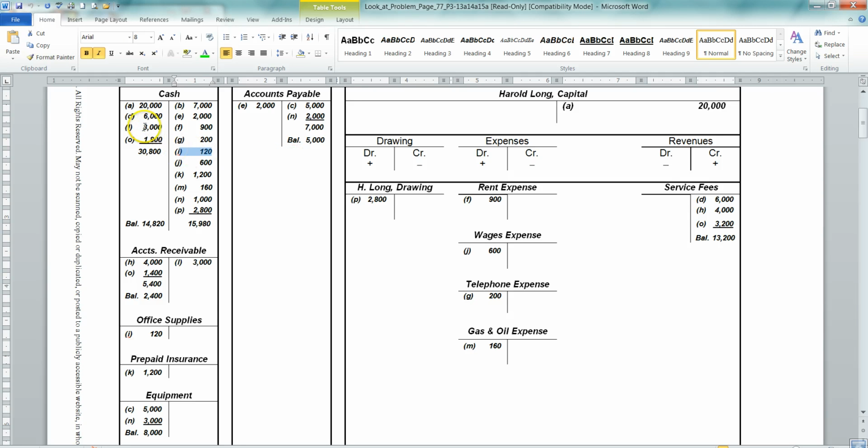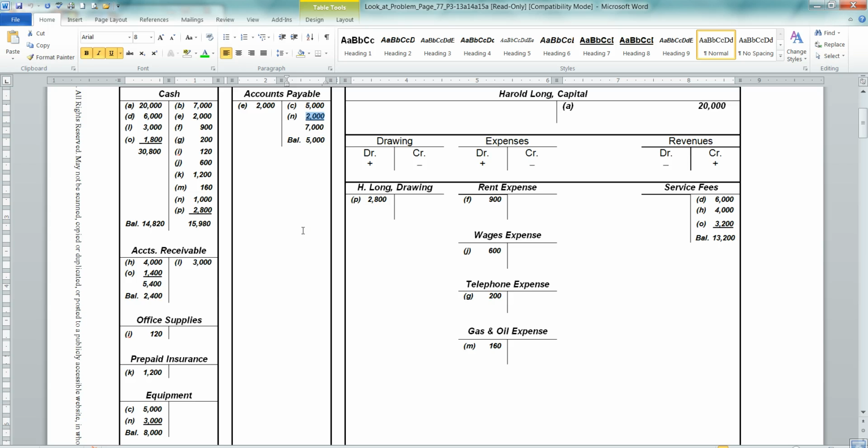So we're going to increase our office equipment by $3,000, and we've paid $1,000 in cash and accounts payable for the rest of the money.